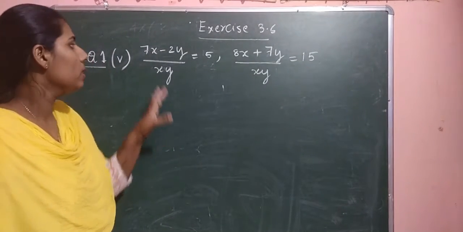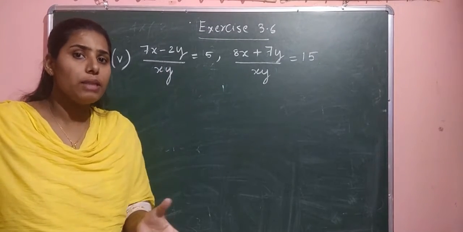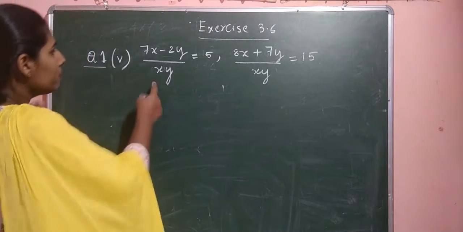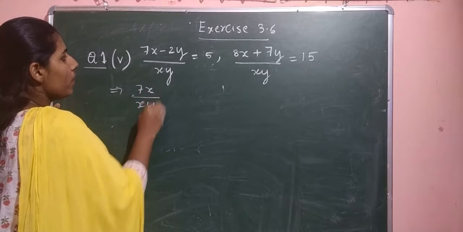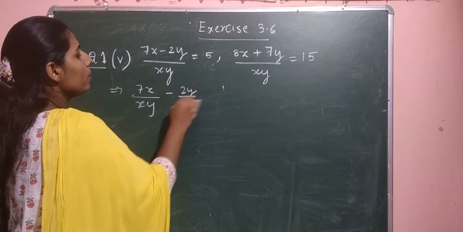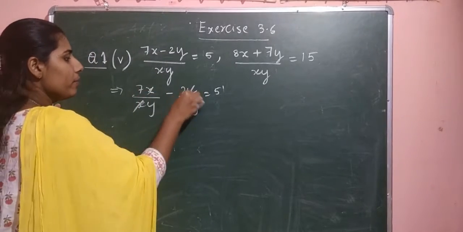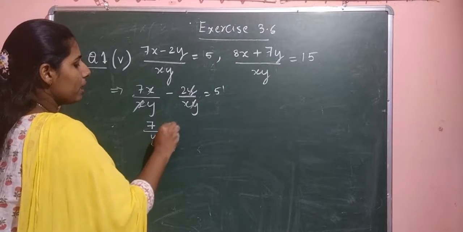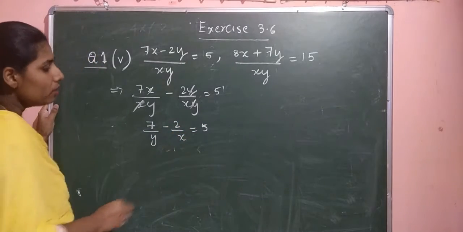Now you can see that both in the linear pair have a common denominator, so we have to just split the denominator. When you split it, you will get 7x/xy - 2y/xy = 5. Here x and y will get cancelled, so you are left with 7/y - 2/x = 5.